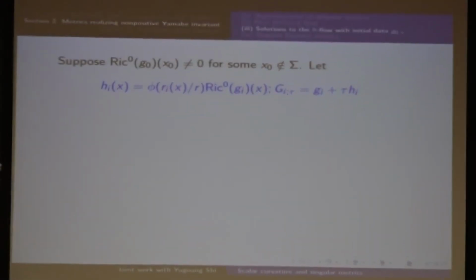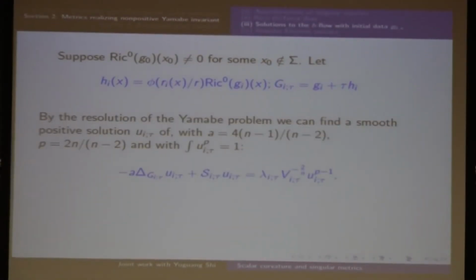By the solution of the Yamabe problem, you can always find a smooth metric which is conformal to this one, so that the conformal factor satisfies this condition.